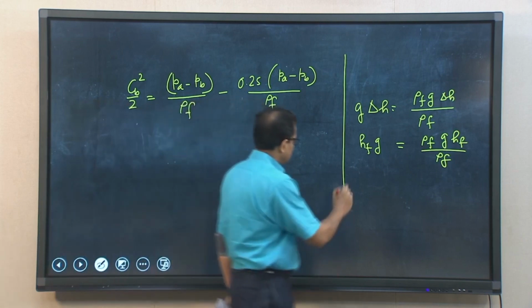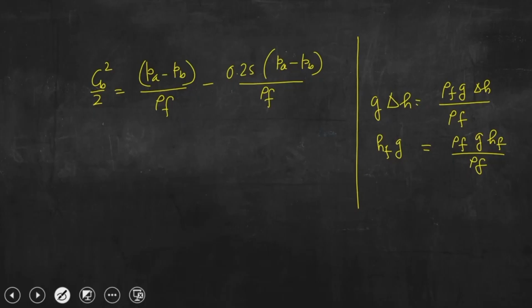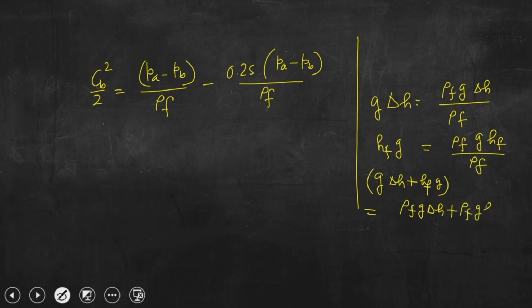So, basically G into delta H plus H f into G equals rho f into G into delta H plus rho f into G into H f divided by rho f. So, this is 25% of the P A minus P B by rho f, that is given. So, from there we can calculate.